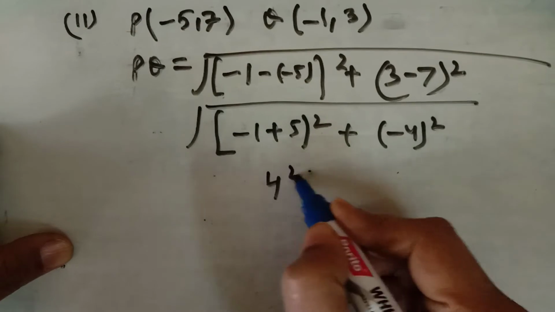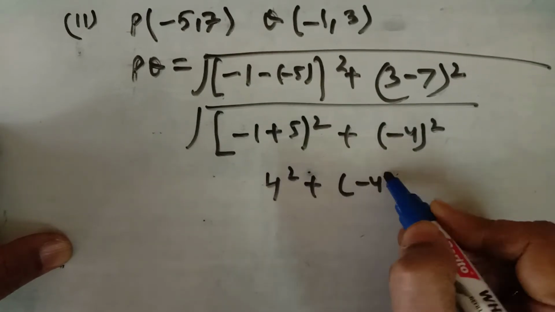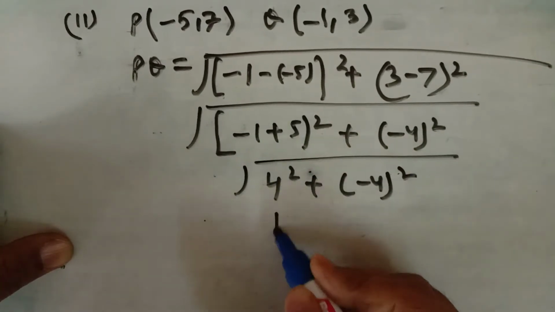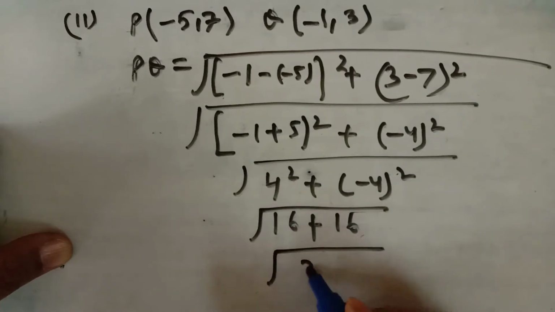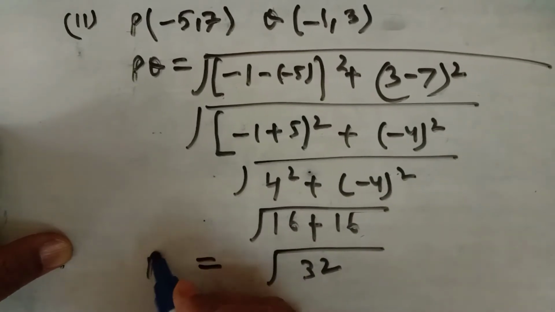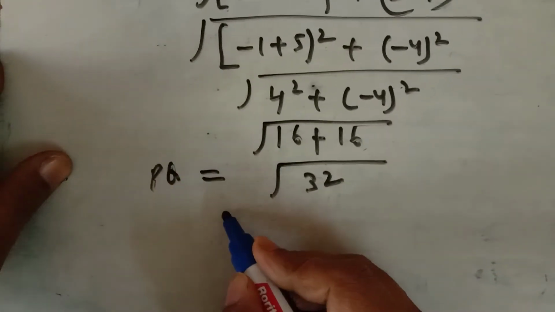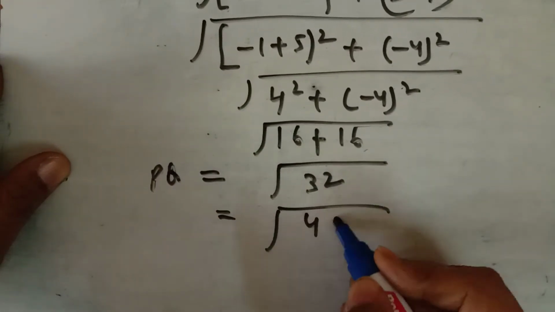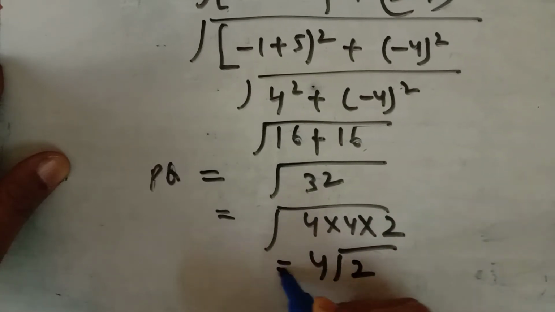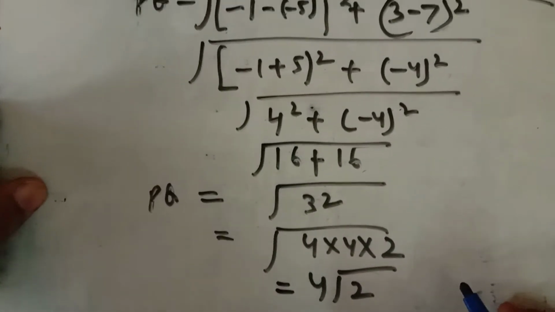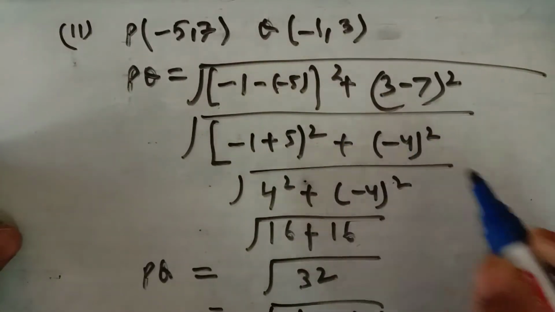So it will be 4 square, -4 square under root. It is 16 plus 16. It is equal to root 32, which is equal to PQ. You can use the prime factor method to simplify as far as possible. So it is equal to 4 root 2, the distance between the 2 points whose coordinates are given.